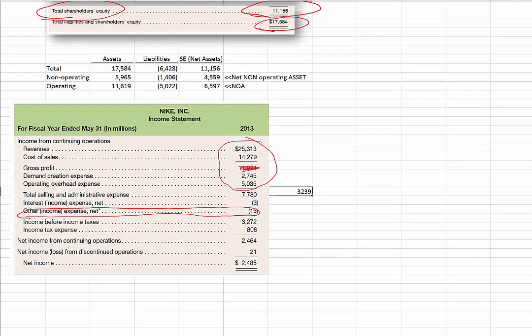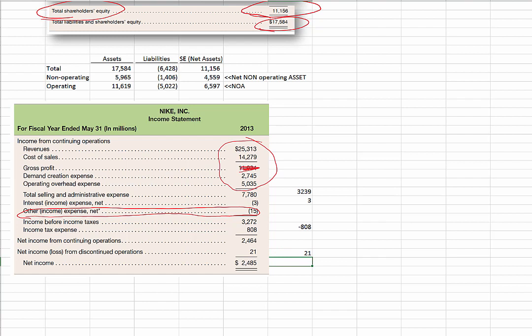And now let's go ahead and sign everything in the income statement. That is interest income, so even though it's negative in the income statement, since it's income, it is added in arriving at net income. That 15 we've already included. Income tax expense is 808, and net income from discontinued operations is 21.